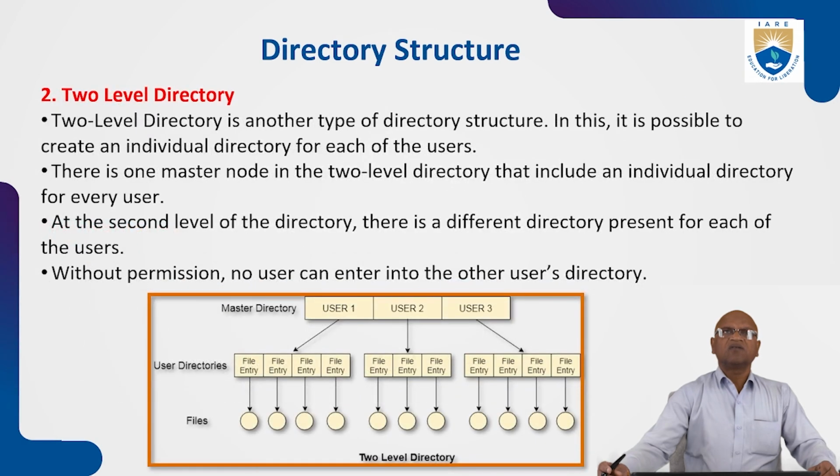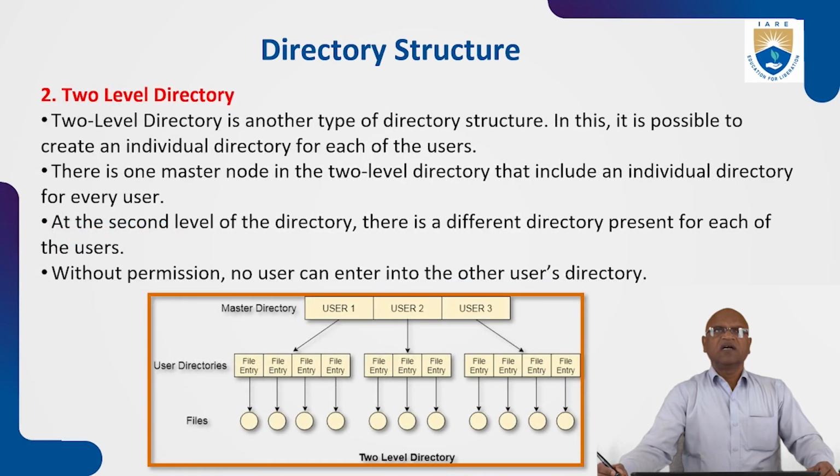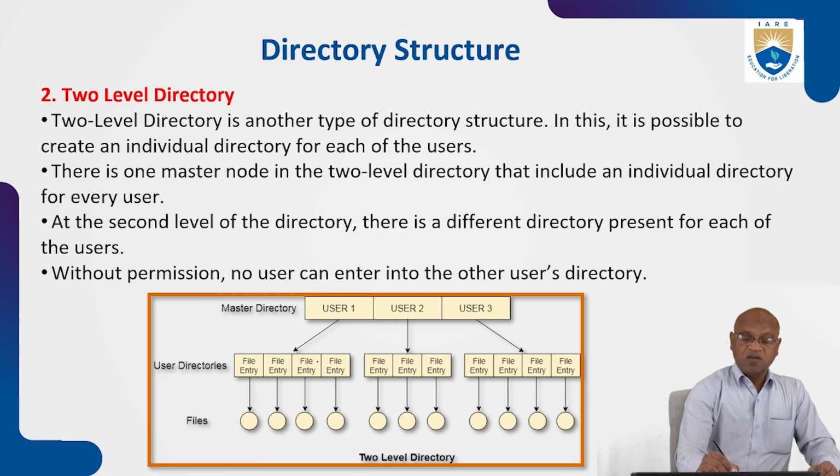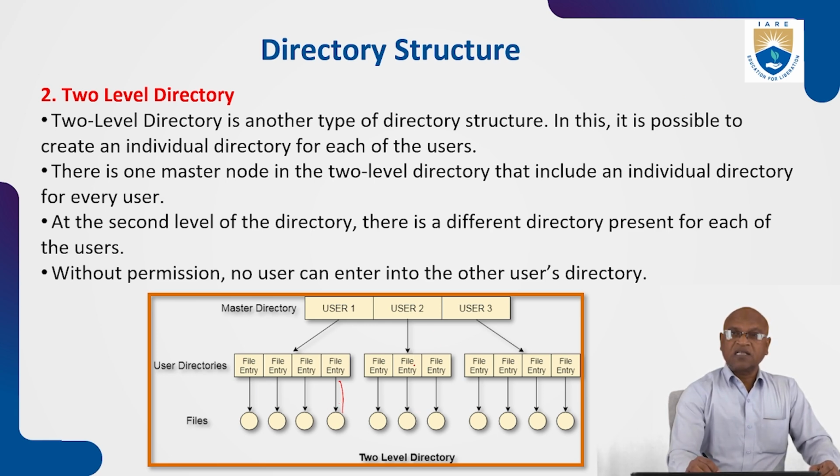Now let's go to another one, the two-level directory. As the diagram depicts, there is a master directory, and user 1, user 2, user 3. Under user 1 we have file entries, and under these we have different files, and then user 2 and another entry.